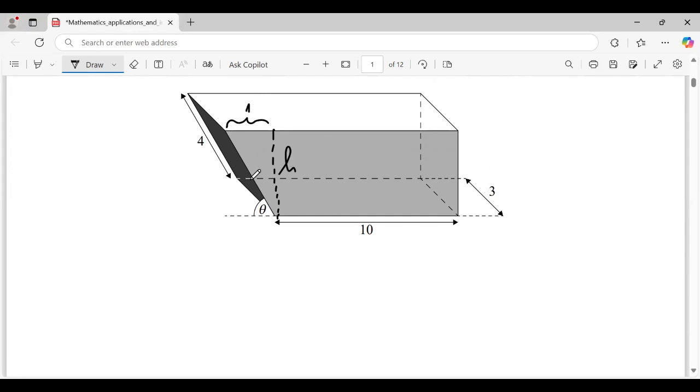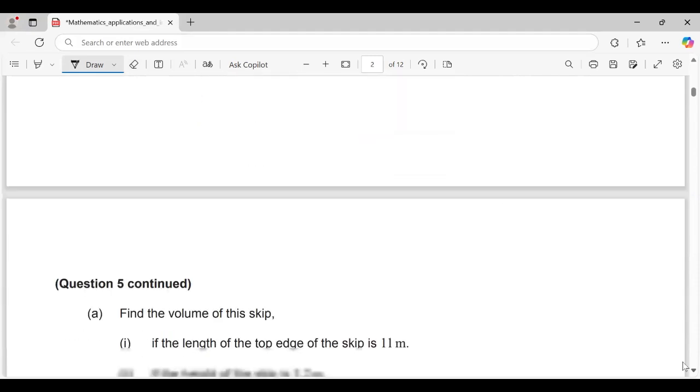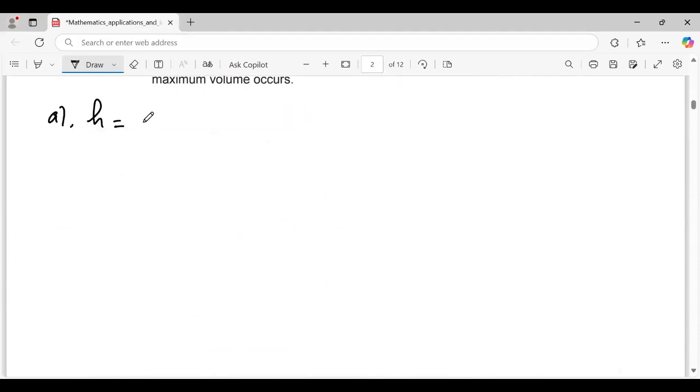So how to find the height? Height equals square root of 4 squared minus 1, because if we sketch the triangle like this, a right angle triangle, this is 4, this is h, and this is 1.